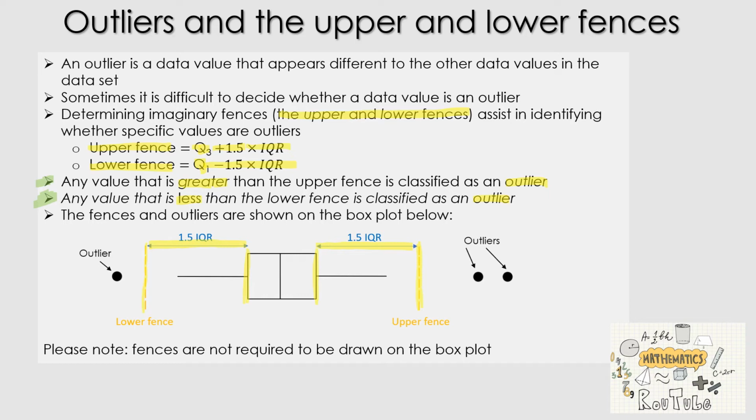When you calculate an outlier, any value greater than the upper fence is considered an outlier, and any value less than the lower fence is considered an outlier. And we've got our formula to calculate the upper and lower fences. Again, you are not required to draw the fences on the box plot. Just find the value of the fences, and then any value greater than the upper fence is an outlier, and any value lower than the lower fence is an outlier.